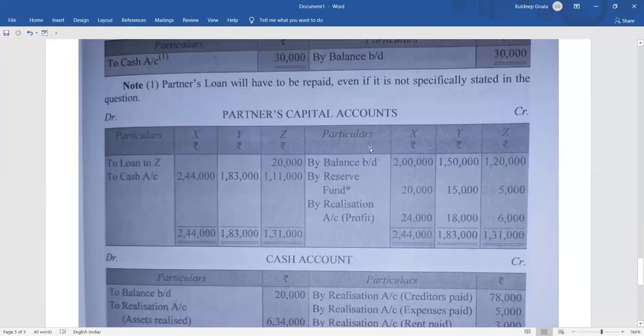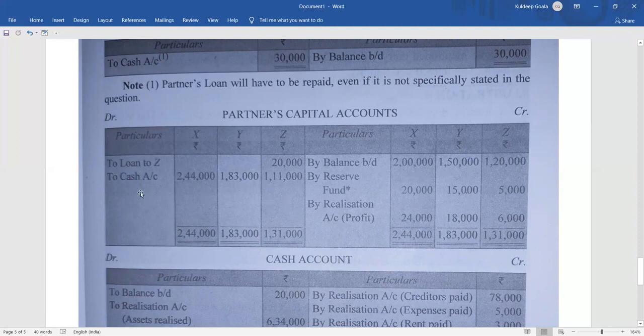In the capital account also you can see that only cash is appearing in the debit side. There's nothing on the credit side. It may be in the credit side also, as we will study in the video where we study the sum. We can see that in X it is 2,44,000, in Y it is 1,83,000, and in Z it is 1,11,000.